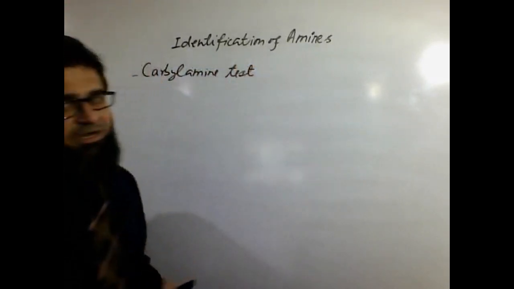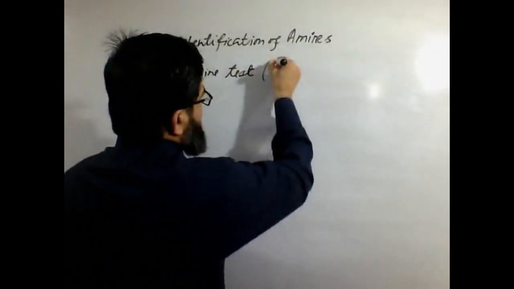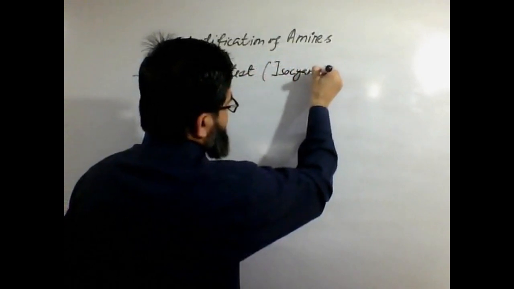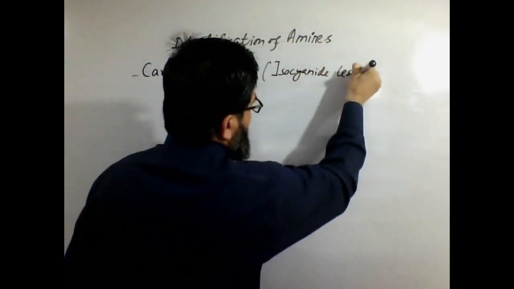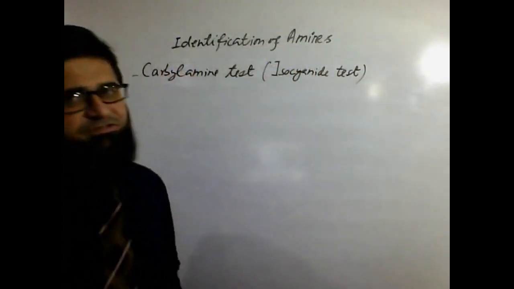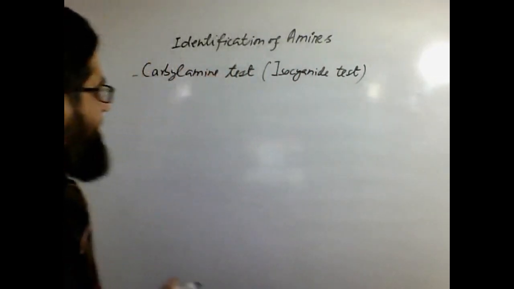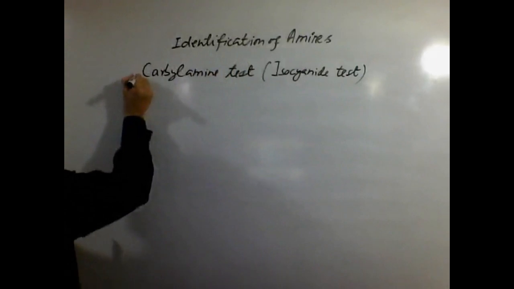It's the carbylamine test. It is also called the isocyanide test. The second name of this test is also the cyanide test. Why it is so, I will explain in my further talk.